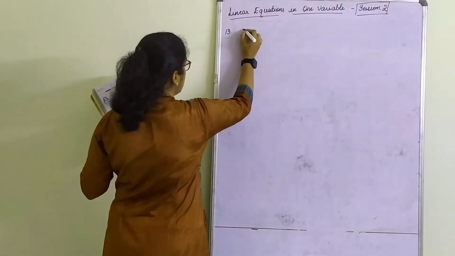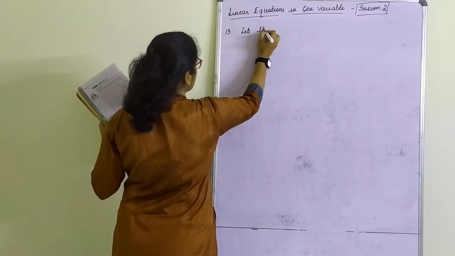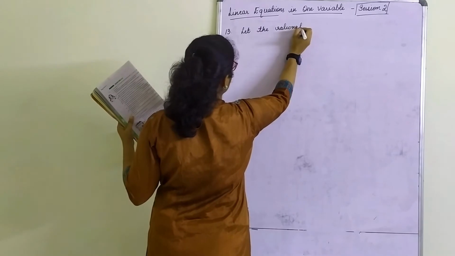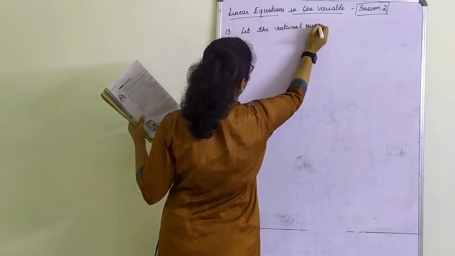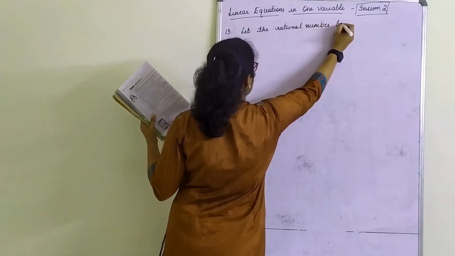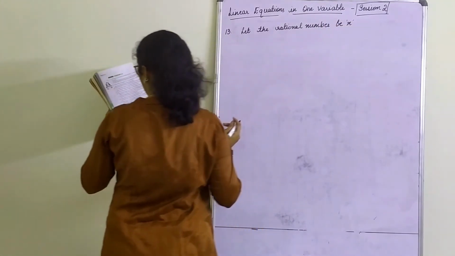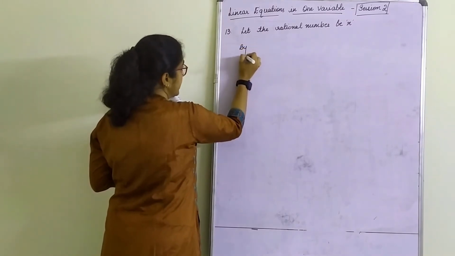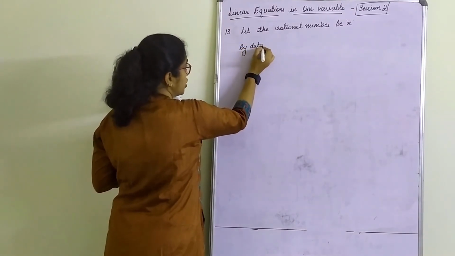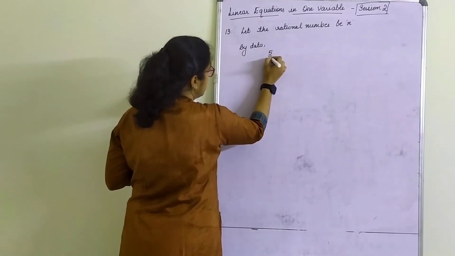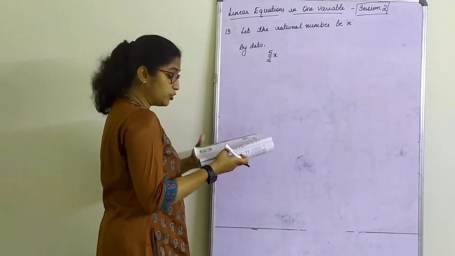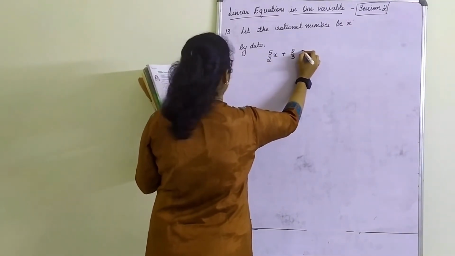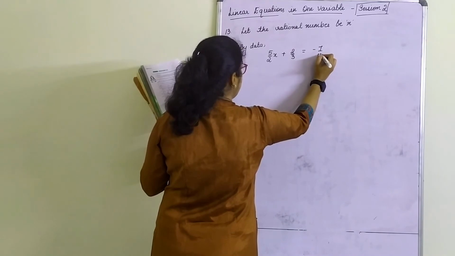So let the rational number be X. Okay. A rational number such that when you multiply that by 5 by 2 and add 2 by 3 to its product, you get minus 7 by 12.